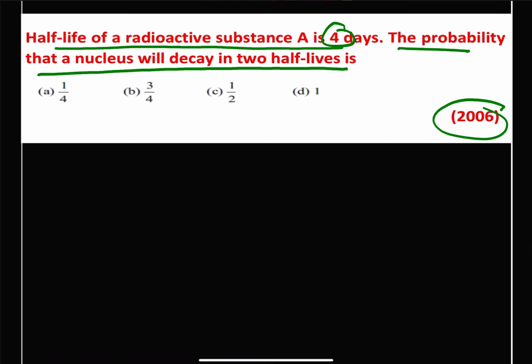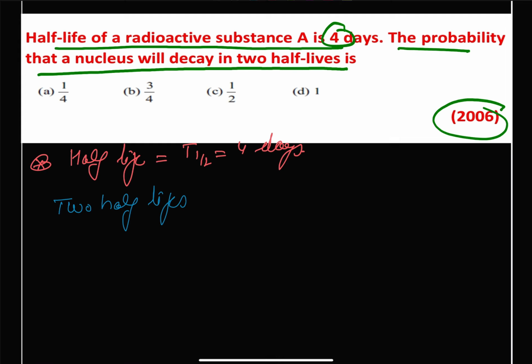So we are given that the half-life T1 by 2 is equal to 4 days, and 2 half-lives will be equal to 8 days. And we have to find out the probability that the nucleus will decay in this particular time.